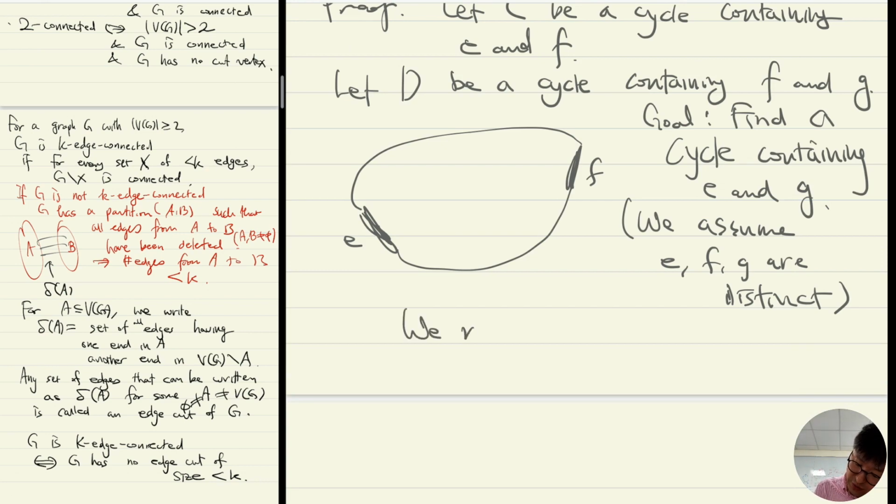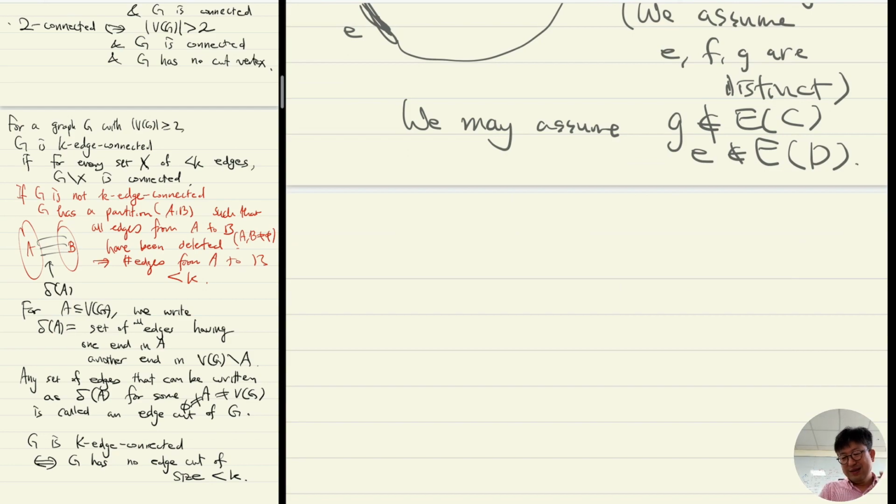And we may also assume that C and D are distinct. I mean, we can assume that G is not in C, E is not in D. All right.